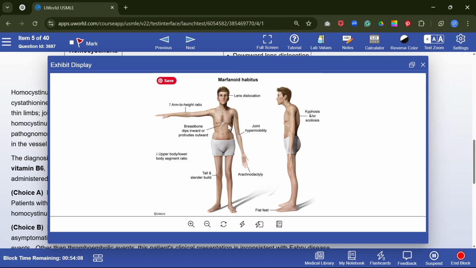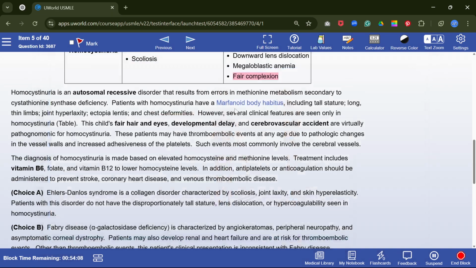There may be lens dislocation, pectus deformity, pectus excavatum, decreased upper to lower body segment ratio, flat feet. However, several features are only for homocystinuria. Fair skin, developmental delay, and cerebrovascular accident are virtually pathognomonic for homocystinuria.